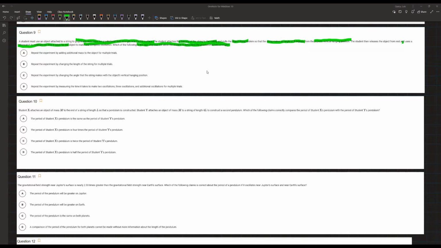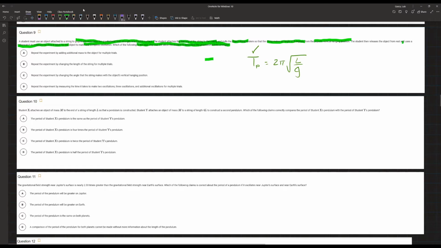All righty. So let's go ahead and see here. We have learned that the period of oscillation for a pendulum, that's basically what this is, is given by 2 pi square root of L over g. So if we look at this, we already know the period of oscillation. They told us that in the beginning.